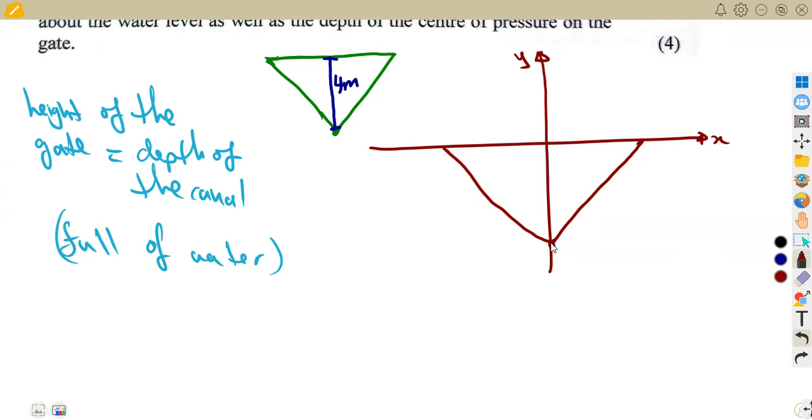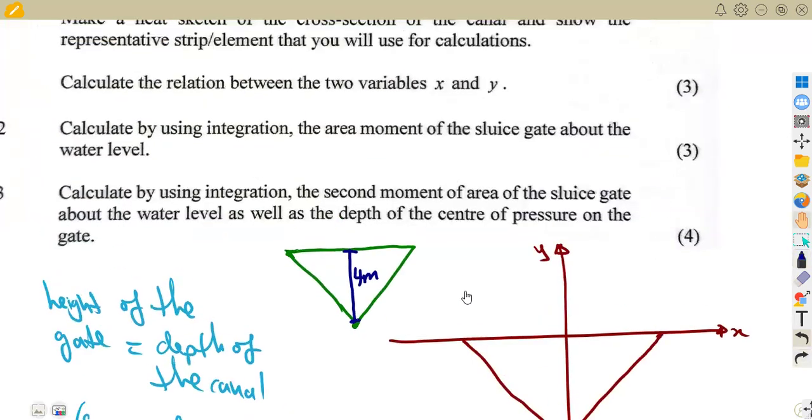So this is the height of the gate, and also the depth of the canal, which is at -4, which is this height. All right. So we have talked about 2 things at the same time. It covered the height of the tank and also the canal. So that is, our tank is full of water when it is like this.